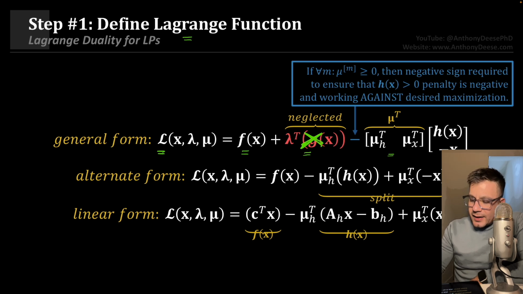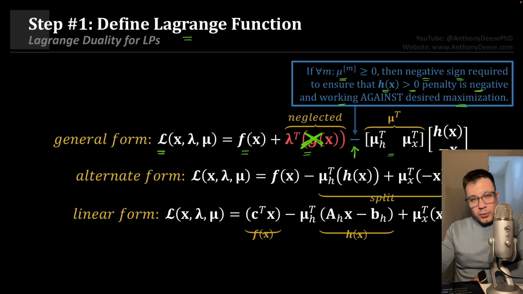Next, why is this a minus right here? Previously it was plus, right? This goes back to the difference between a minimization and a maximization problem. I think we hinted at this earlier. So if we assume that mu is greater than or equal to 0, we haven't changed that dual feasibility condition, then a negative sign is required here to ensure that h of x greater than 0, that's a penalty, is negative and works against our objective as described by maximization.